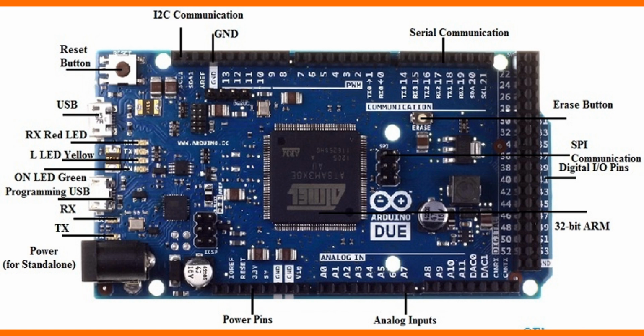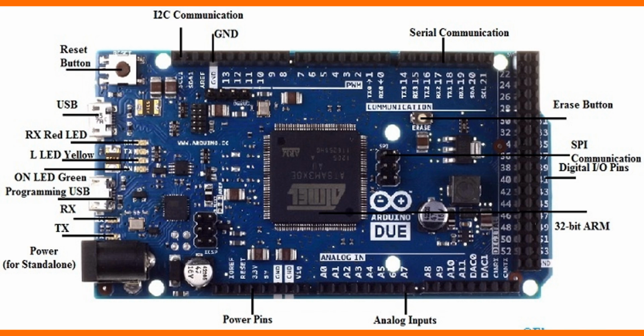Let's begin with the power pins, which supply and regulate voltage. VIN allows you to feed external voltage, typically between 7 volts to 12 volts. The 5 volt pin gives you regulated 5 volts, or on some boards it can be used as an input. 3.3 volt is for components that run on a lower voltage.